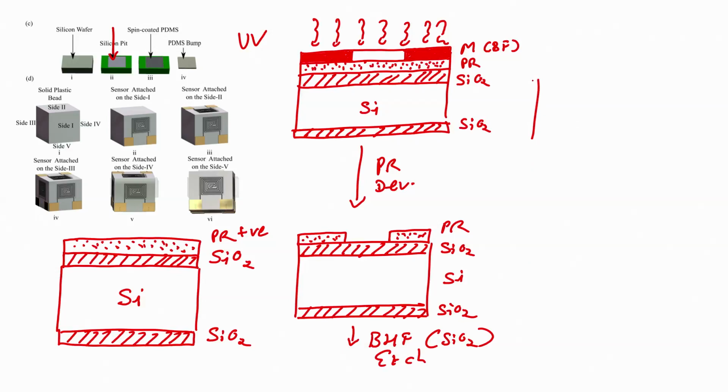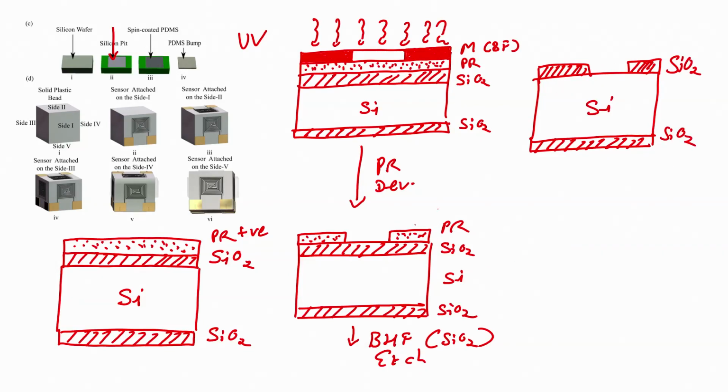When you have that, then you have a wafer which looks like this, right. So, you have etched silicon dioxide from the center of the wafer. Now, what is the next step?